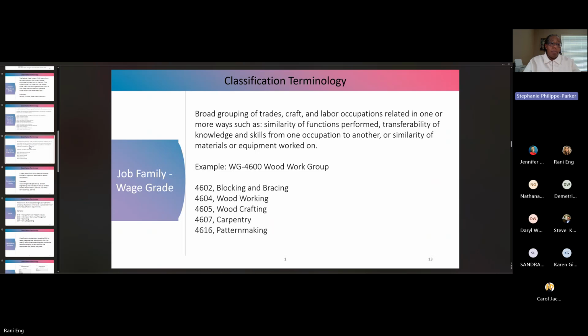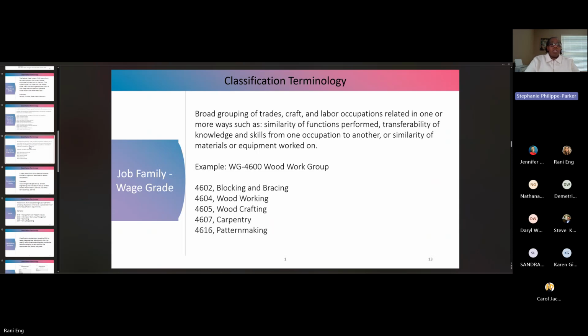Again, this is done on purpose to easily show the positions belonging to the same job family. In this example, OPM has determined that these 5 positions are similar in nature and likely have some element of woodworking involved in the core performance of their duties. And perhaps even the skills and knowledge required between these jobs are easily transferable.